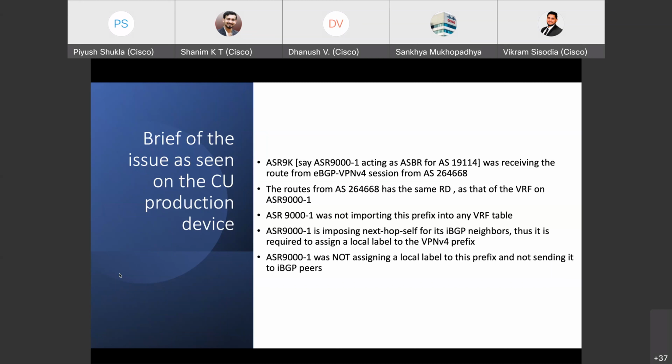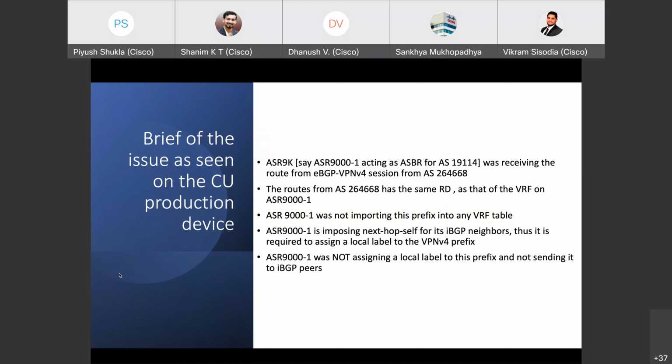So there was no matching RT, and ASR 9001 was acting, as in Inter-AS option B, as next-hop-self for any other IBGP peer that it is supposed to send this specific NLRI to. And ASR 9001, which we saw in the problematic state, was not assigning a local label to the VPN v4 prefix that it is acting as a next hop for.